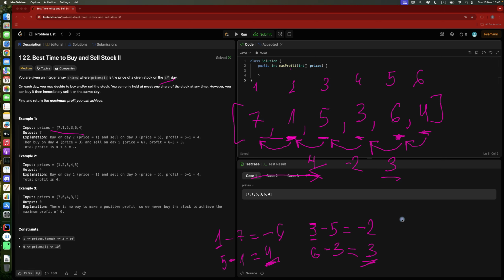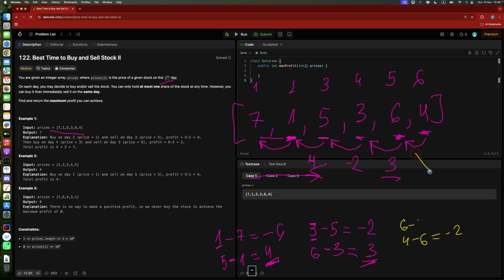Sorry, we are at the current element 4 minus 6. 4 minus 6 is minus 2.